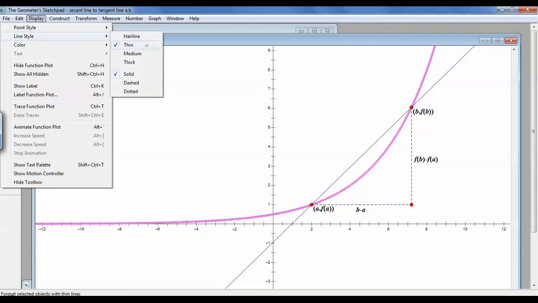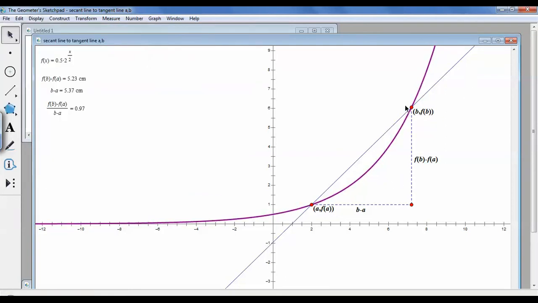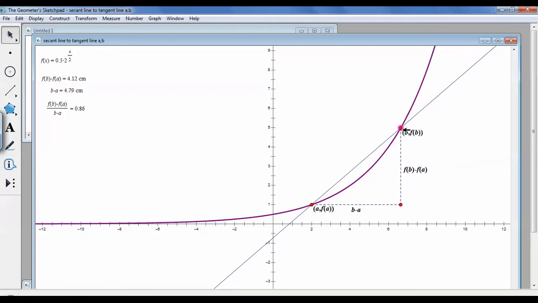Display line. What I'm doing is, here's my run and my rise. And over here you can see all the numbers that go with it, but that doesn't really matter for this diagram. I'm going to pull that line in. Right now, the slope of this line is the average rate of change from A to B on this graph.